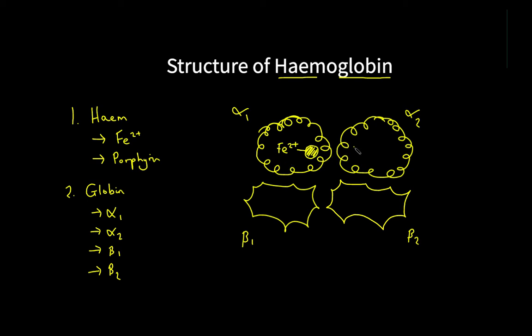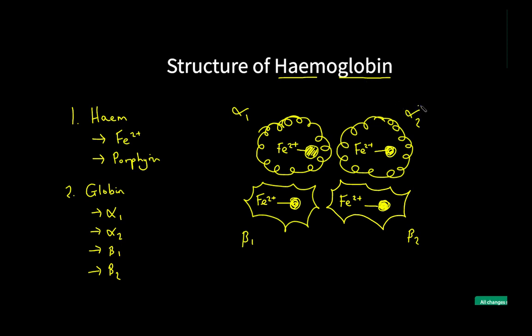Now, each of these polypeptide chains has a heme component. So we'll draw that 4 times. And this is important to note because one oxygen molecule can bind to one of these heme groups.